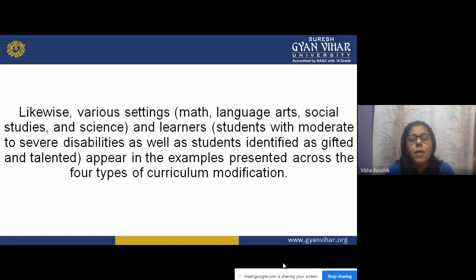Likewise, various settings include language arts, social studies, and sciences. These are the various fields where those settings can be applied.